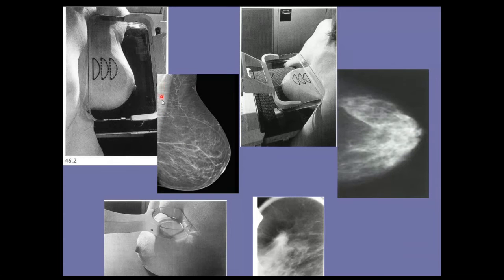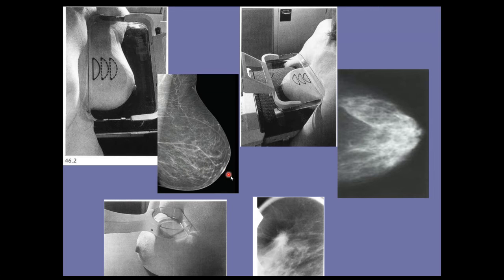You can see there is an increase in density here at the back of the breast tissue. So this is the pectoralis major muscle, and this is how we can recognize the mediolateral oblique view. Otherwise, if we don't see this, it can be a craniocaudal view also. So from this we can recognize.